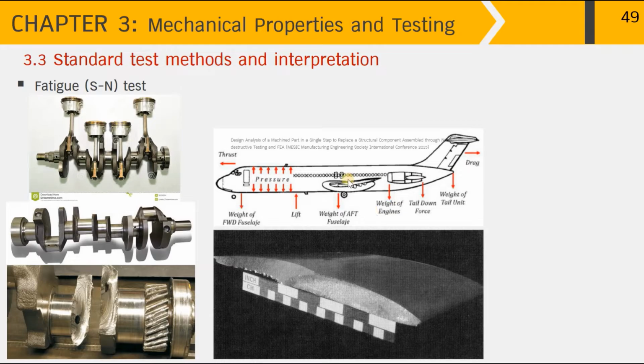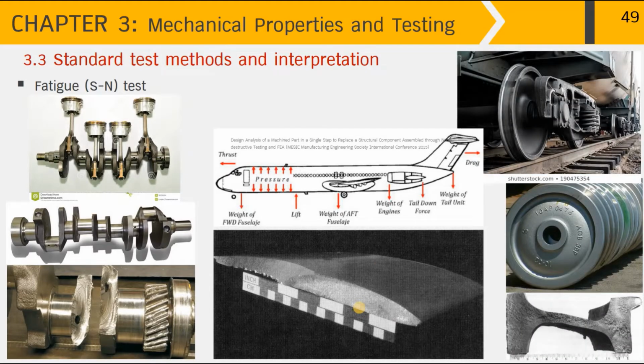Other than that, the wing is also subject to compressive and tensile stress according to the vibration, according to the pressure on the top and the bottom of the wings during taking off and landing. Hence, for a long period of time in service, this might cause fatigue failure, as you can see from this picture. Once again, you can see the beach mark pointing to one fatigue initiation site.